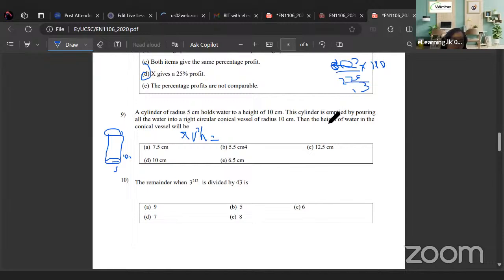How do you find the volume of a right circular conical vessel?